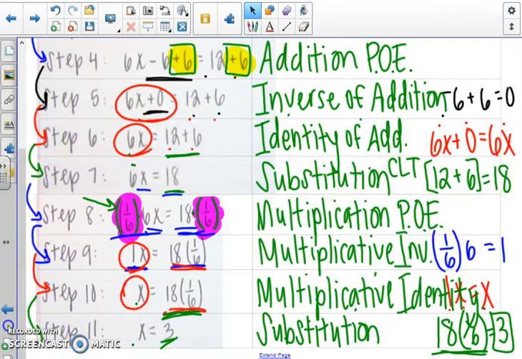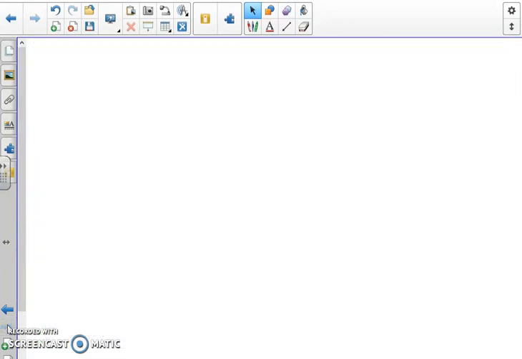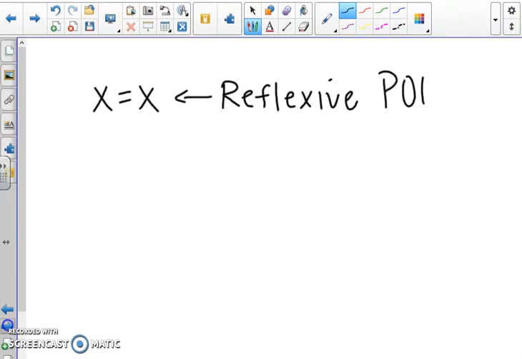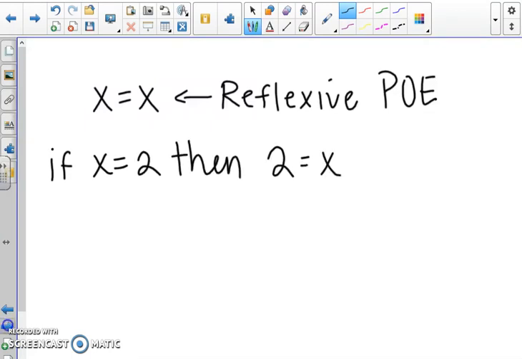So a couple of properties we didn't see in our examples, just to briefly remind us, let's say you had an example like x equals x. Well, that's just the reflexive property of equality. Or let's say we had this, x equals 2. If x equals 2, then 2 equals x. We're just switching around the equal sign.